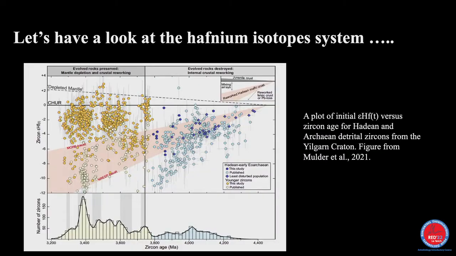And please look at the cartoon, again, epsilon hafnium systematics. Here we have some dark blue spots, zircons from evolved rocks from Hadean time, because I told you that some pockets of evolved crust were also present during Hadean time. These zircon data define a field of Hadean crust, and through interpolation, the field goes to the left part of the cartoon.